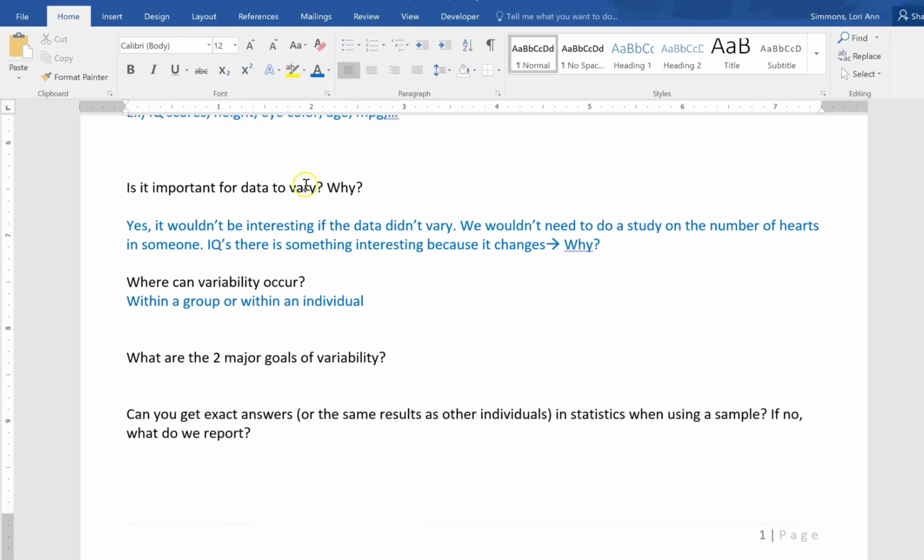So it can occur within you, or it can occur within the group. So what are 2 major goals of variability? One is to describe the variability, and then the second would be to understand sources of variability.